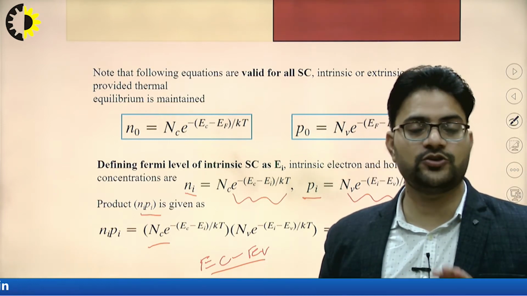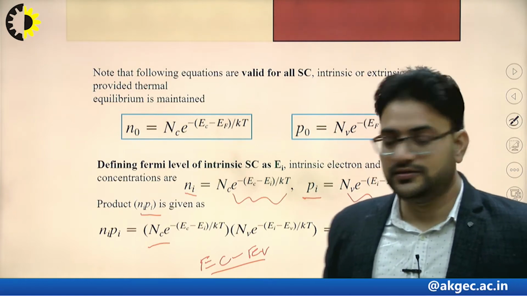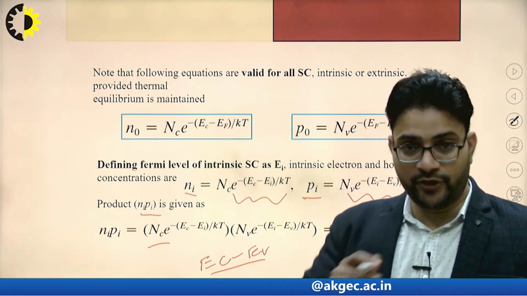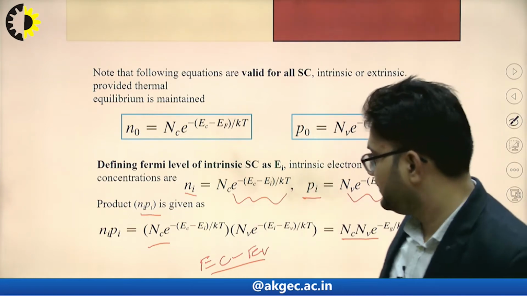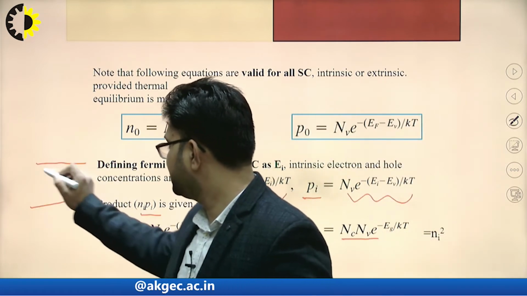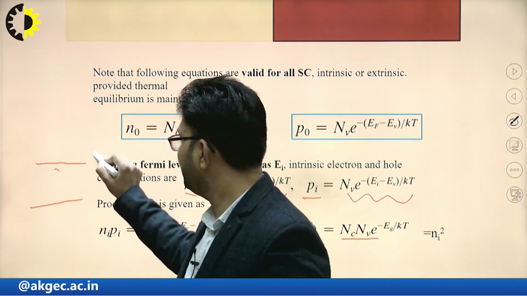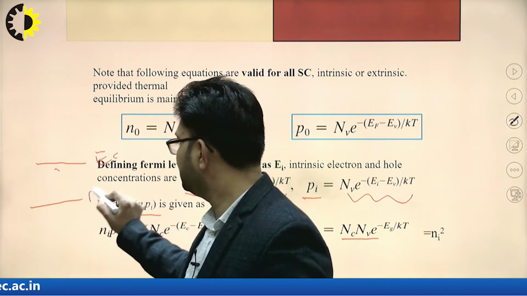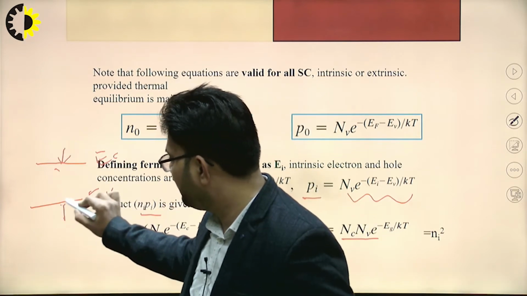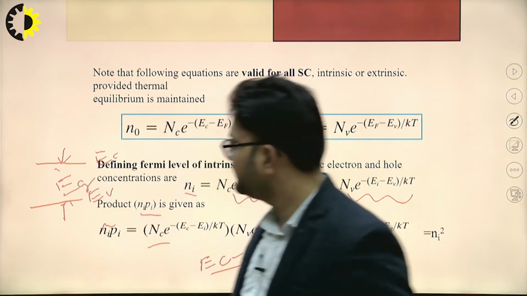So this is in accordance with the Fermi level and forbidden energy gap, right. If I consider this energy level as Ec and this as Ev, then the difference between the two energy levels will be your forbidden energy gap, Eg.